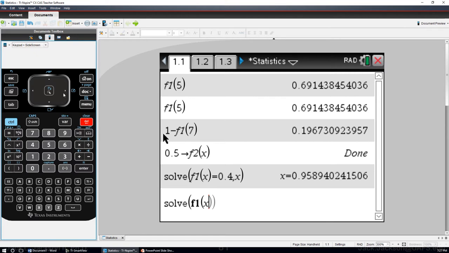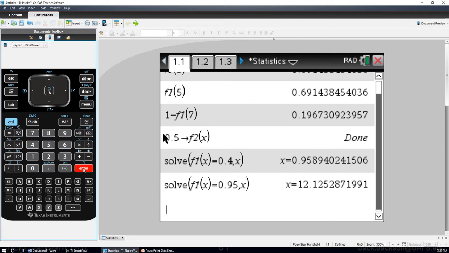Get out of that parentheses first. That looks better. Now hit enter. Boom, there it is. So there's the value that we need, 12.125 something.